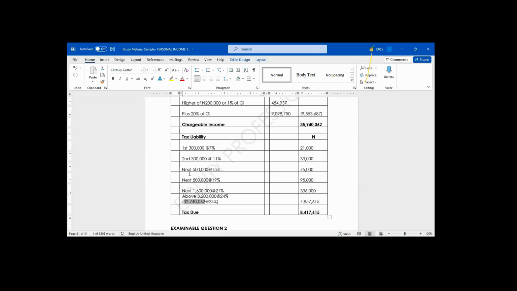Not the one where the employee borrows a loan to buy a car. That one is different and is not a benefit. You are using your money to buy that one. Nobody will come to say you should pay tax on that one. Do you understand? Yes, sir. Thank you, sir.